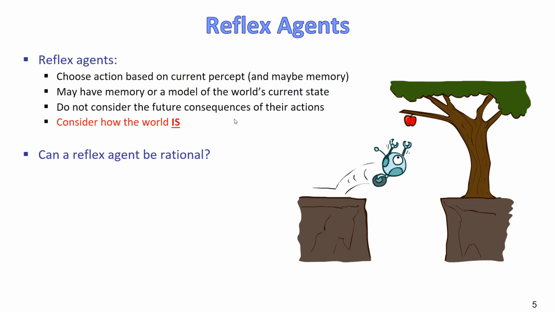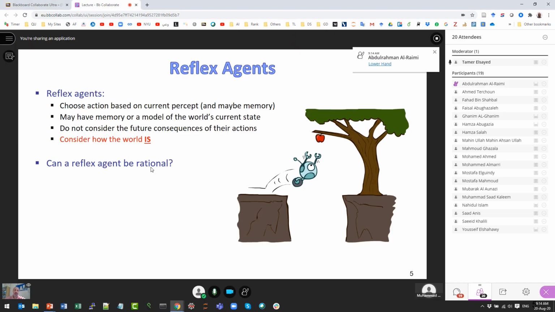Now let me ask you a question. Can a reflex agent be rational? What we mentioned is that rational in the context of search problems, we can consider it as finding the solution with the minimum cost. So can a reflex agent be rational? Can it make an optimal decision or find the optimal solution or not?